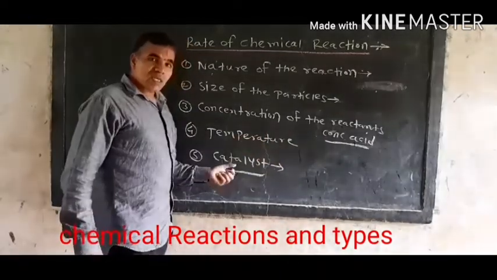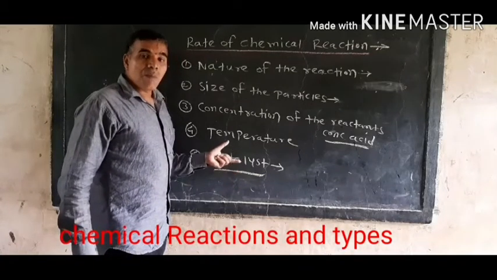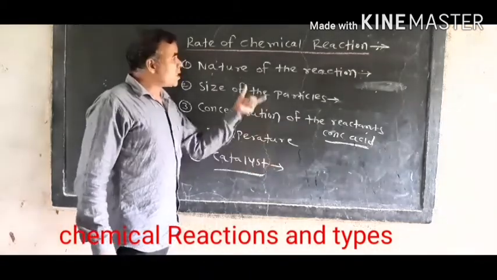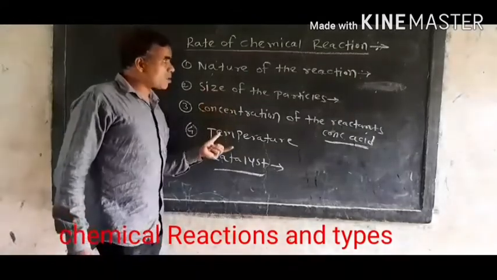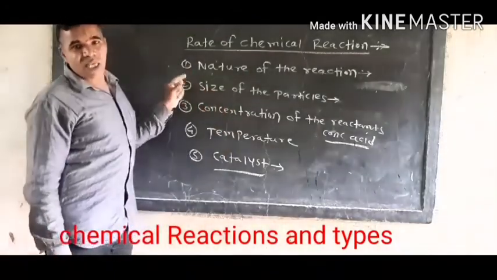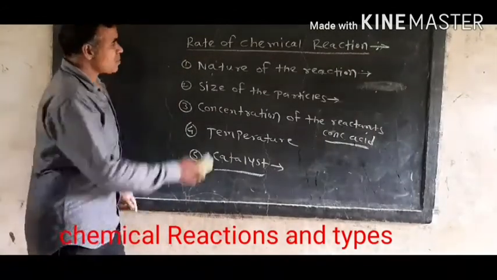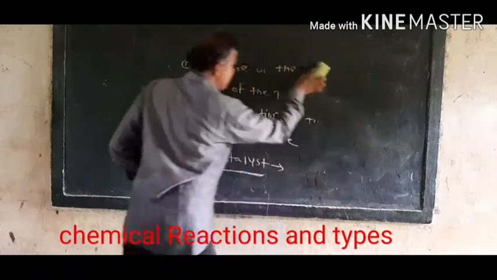And catalyst, the substance which does not take part in a chemical reaction but by its presence the speed of chemical reaction increases. So these are the 5 factors important for the rate of chemical reaction. Next, oxidation and reduction.